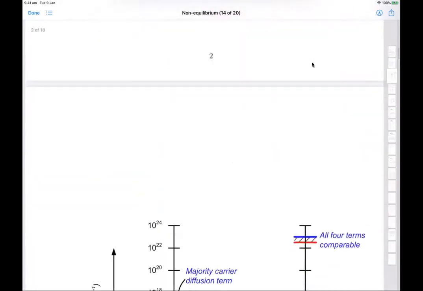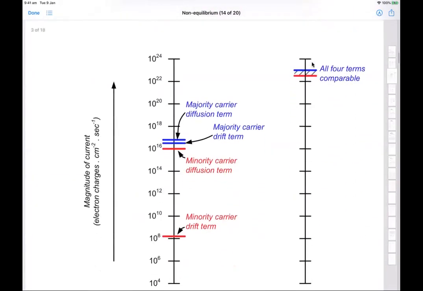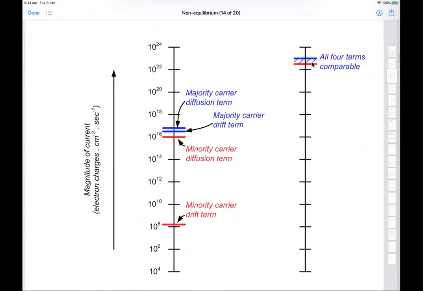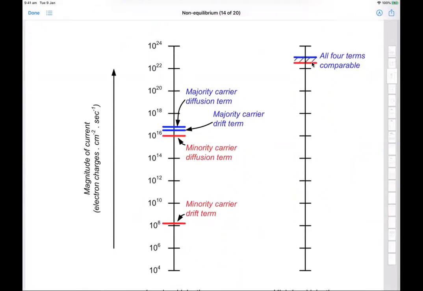When we have low-level injection and equilibrium, we also found that when we look at the currents, for the majority carrier current, the diffusion current is important, and the drift current is important. But when we looked at the minority carrier case, only the diffusion current was significant.